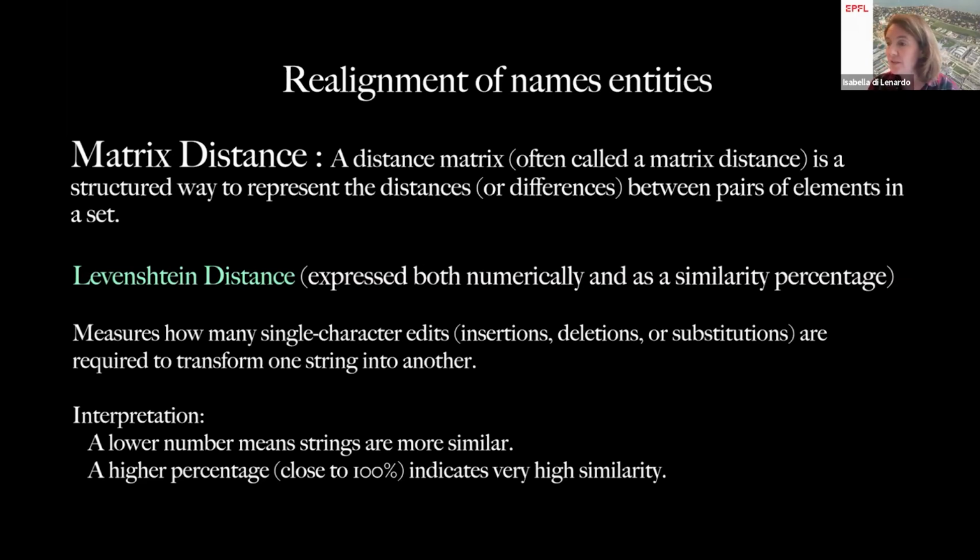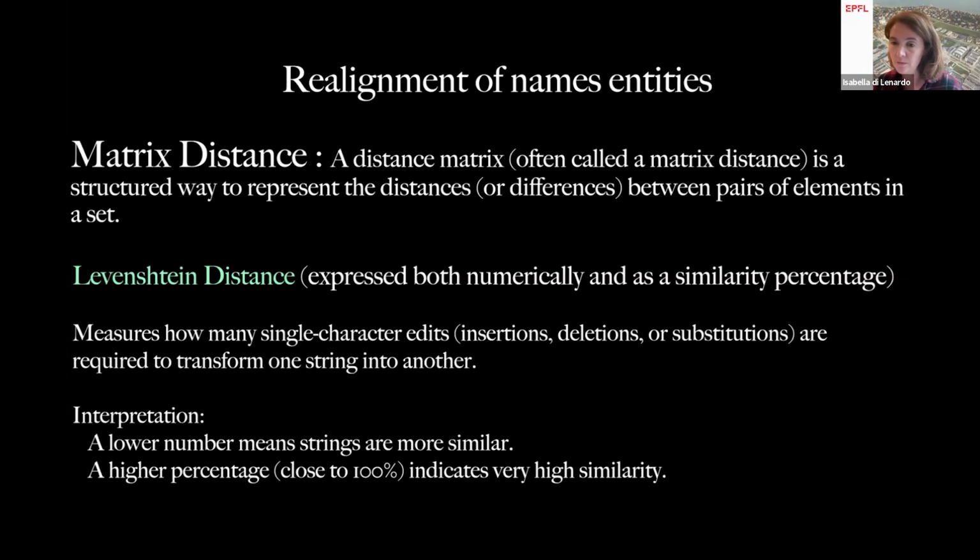And essentially, there are many distances that we can take into account. There are many methods. Today we present to you the Levenshtein distance. That's something that Paul will present after too.